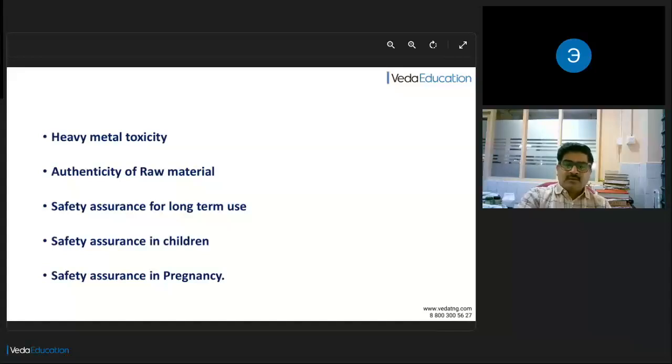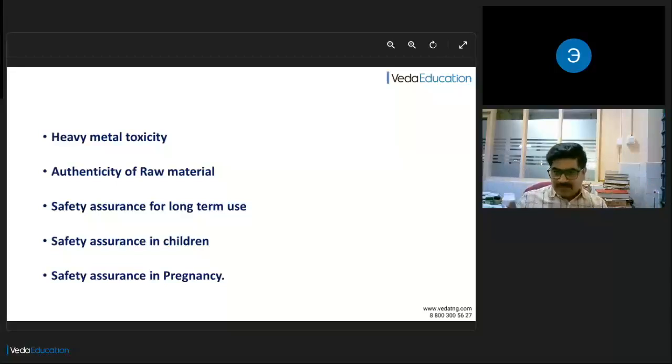Okay. So the first one is the toxicity of heavy metals. Absolutely, there is nothing to worry about regarding the toxicity if the medicine is manufactured perfectly, because during these purification methods, these incineration methods, etc., the structure of the heavy metals gets changed, and the toxicity becomes neutralized by these procedures.